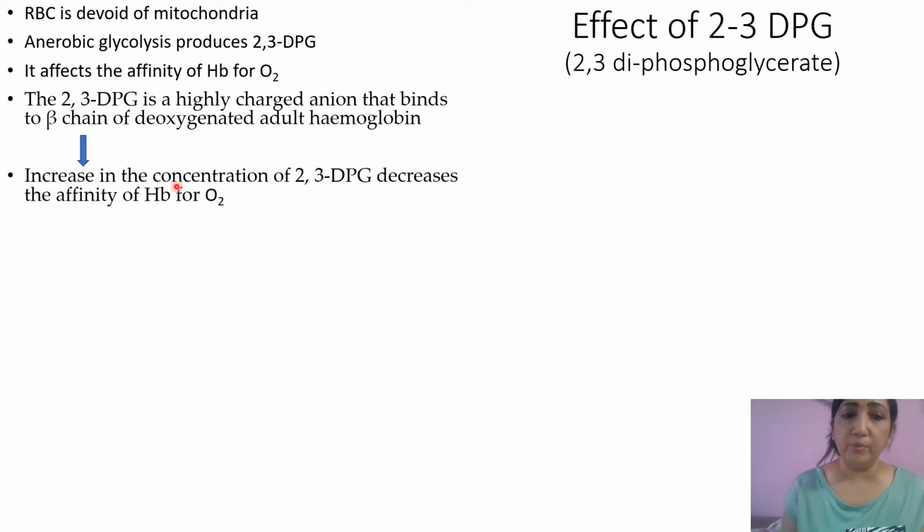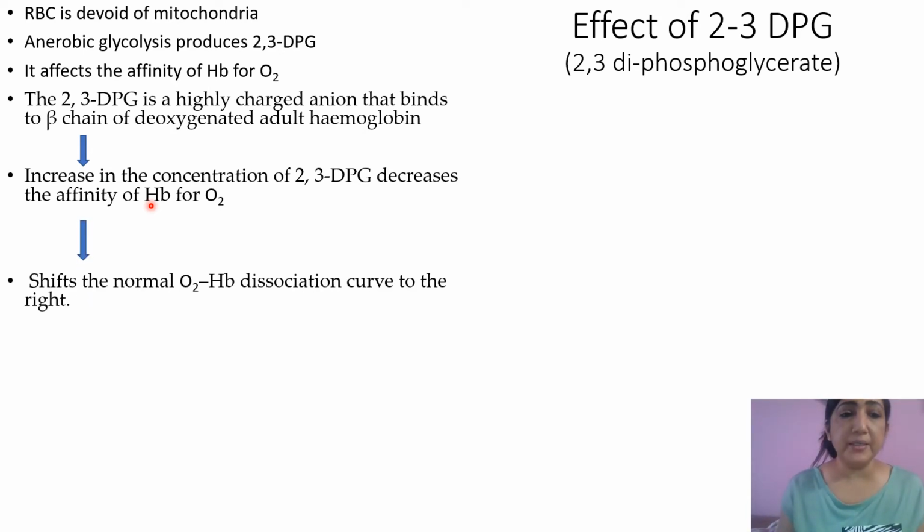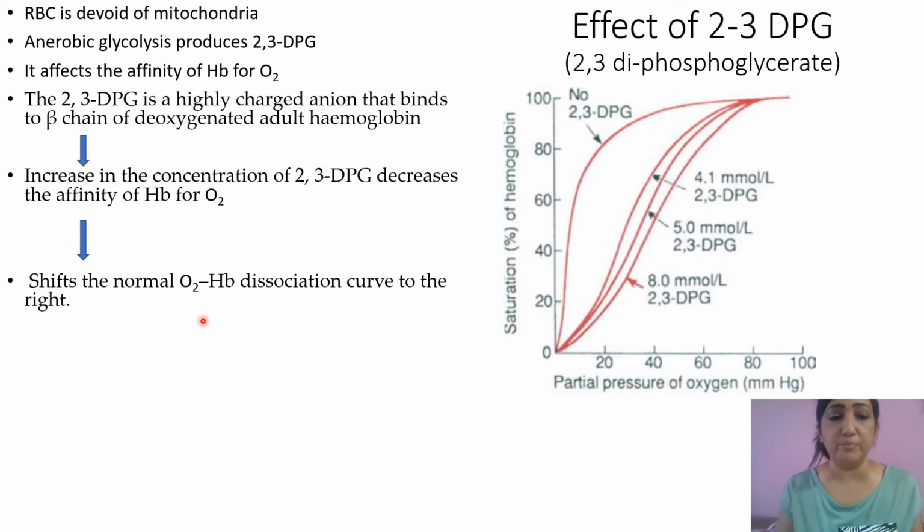Oxygen binds with the heme part of hemoglobin, whereas 2,3-DPG binds with the beta chain. If 2,3-DPG is already bound to the beta chain, oxygen cannot bind to the hemoglobin as much. So this shifts the normal oxygen dissociation curve towards the right, because more oxygen is available to the tissue, since it is not bound to hemoglobin. Instead, 2,3-DPG is bound to it.